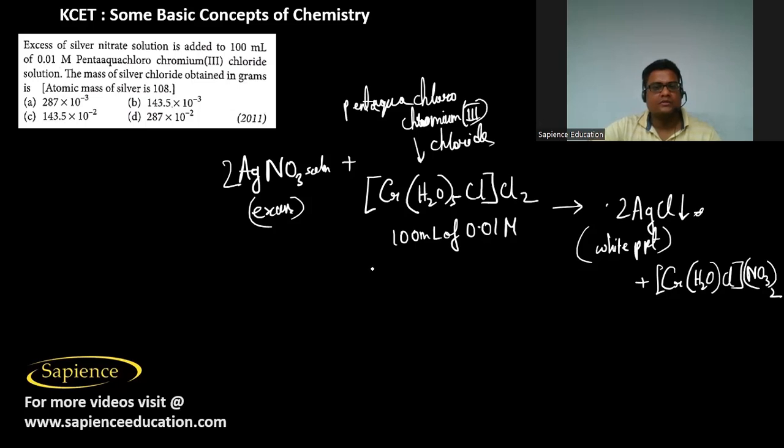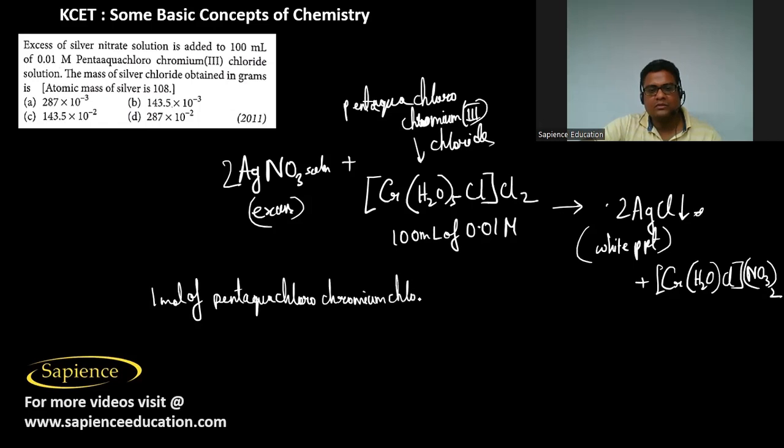So now here, as you see, 1 mole of penta-aqua-chlorochromium chloride gives 2 moles of silver chloride.